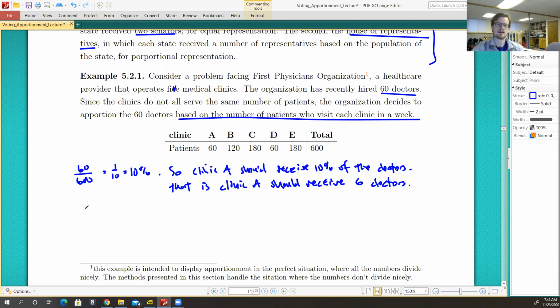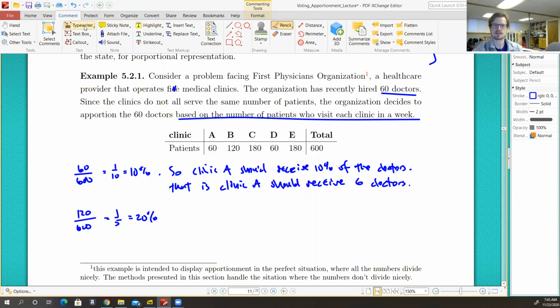Excellent. Now let's repeat that for the remaining 4 clinics. A few to go through here, but that's okay. Clinic B sees 120 patients. So 120 divided by 600 is equal to 1/5 or 20%.